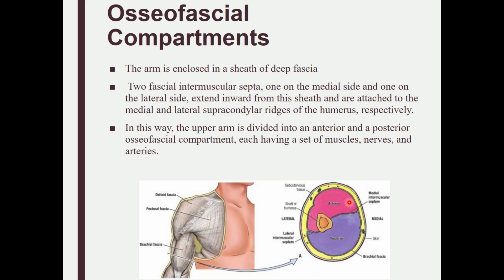Each compartment has a set of muscles, nerves and arteries. That is, there are some muscles present in the anterior compartment which are supplied by a specific nerve and artery, and the posterior compartment has separate muscles which are again supplied by a different nerve and arteries.